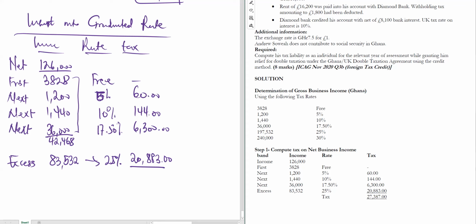So now we add all. Now you see, this is the trick. If it ends on 25% and this is net, it means the whole income that should have existed is graduated on 75%. If I'm doing 25% tax, it means the income is equivalent to 75%, because 100% is the original income.